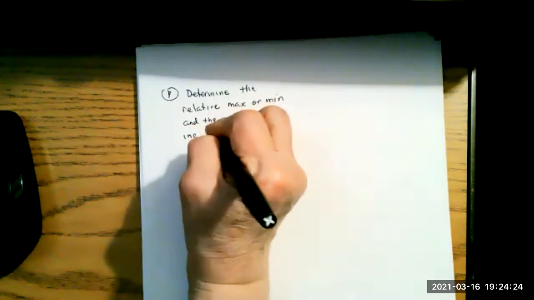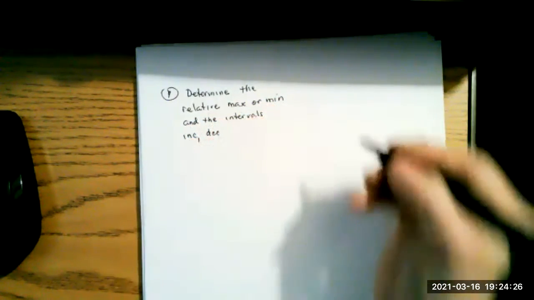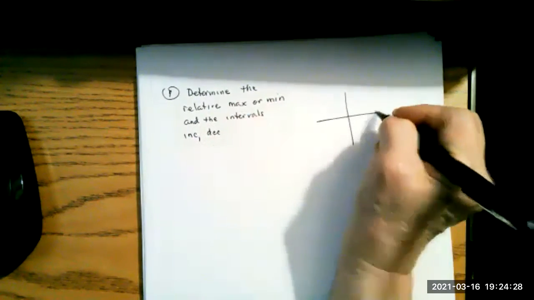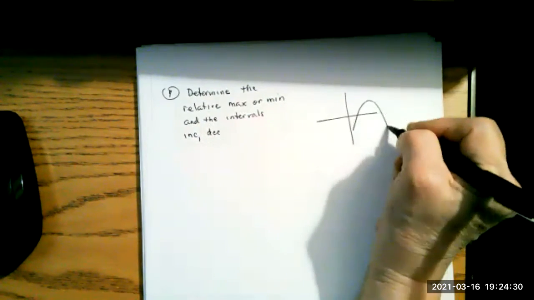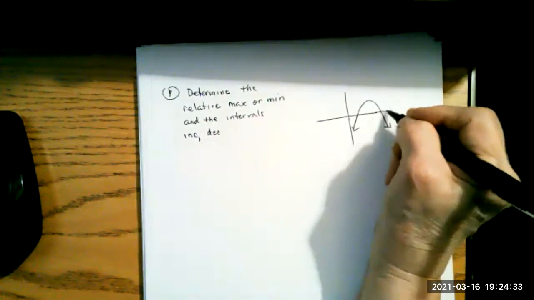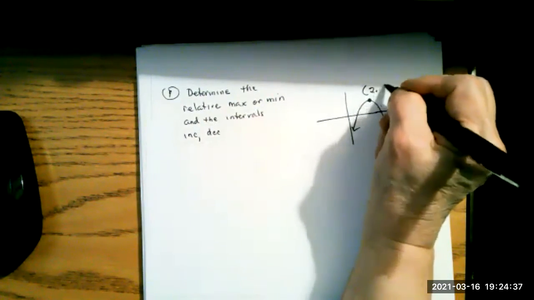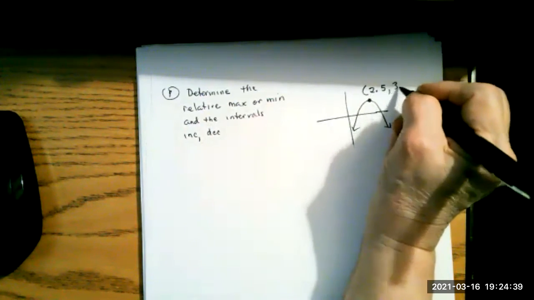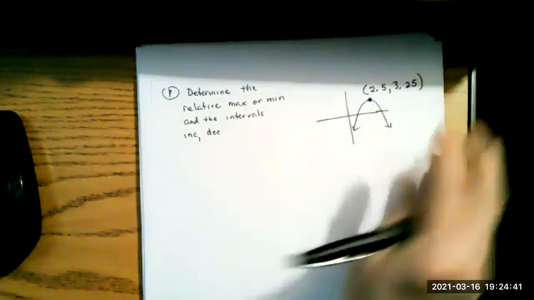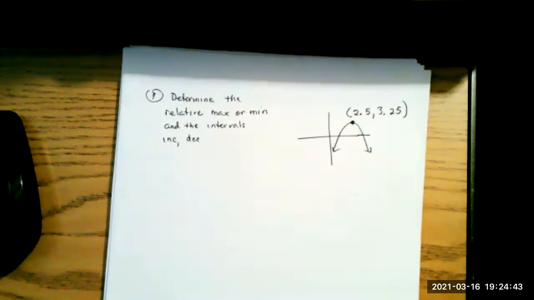Increasing, decreasing, and there's no constant because this is a parabola. And all they give you is the picture that looks like this, and it has a little point up here that is the vertex that says 2.5, 3.25. That's what they give you.